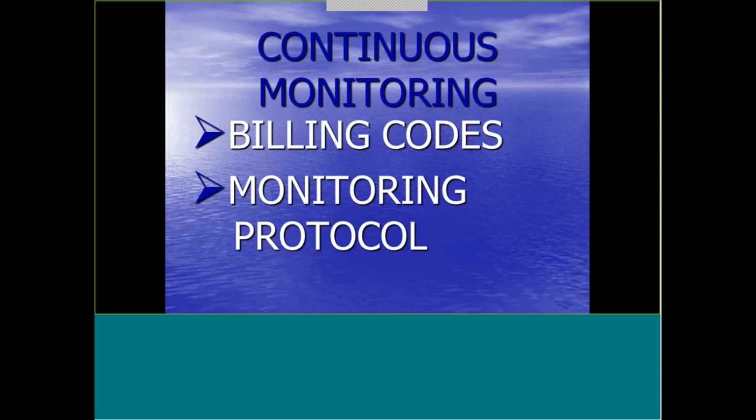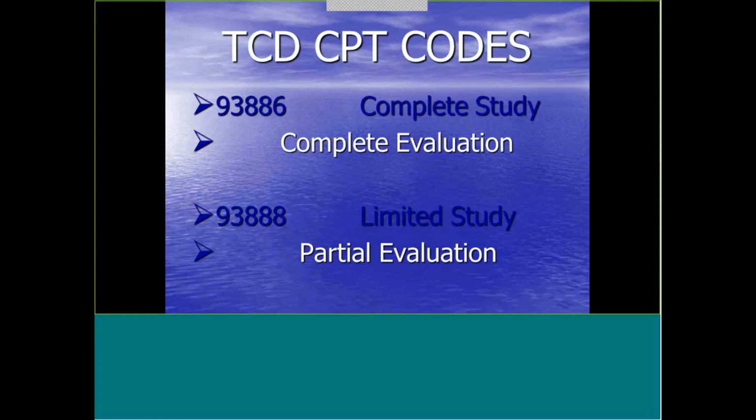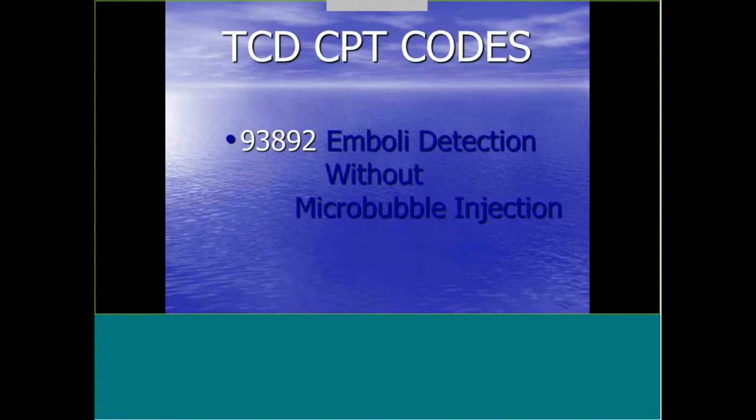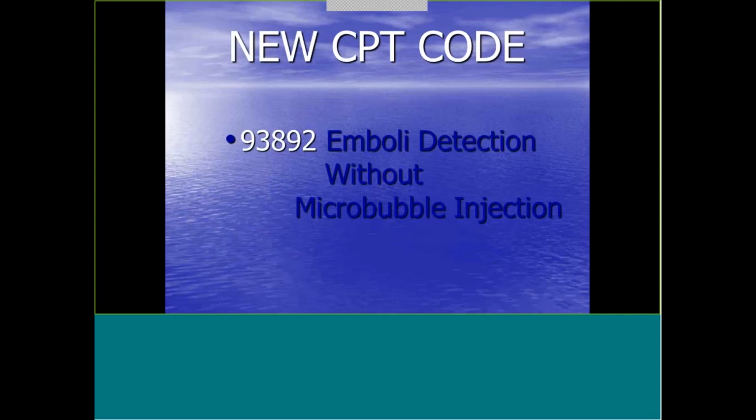But now you'll get paid for a complete TCD, and you can co-report the 93892, which is emboli detection without microbubble injection. So we're not literally doing a PFO evaluation. We're looking for emboli in the operating room. So the 93892 is when there is no injection. So that you're covered then for the carotid endarterectomy.